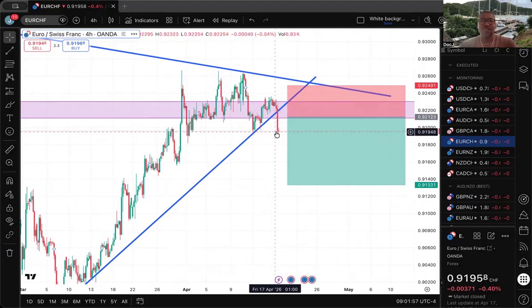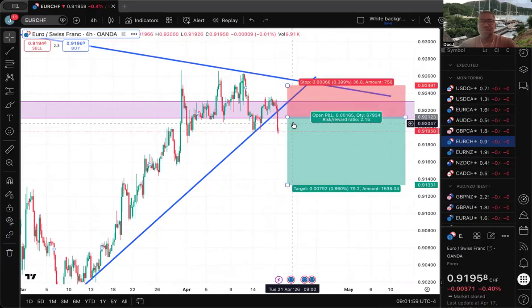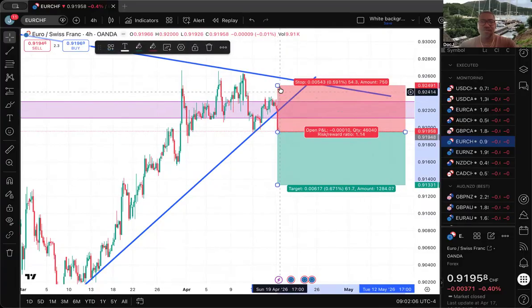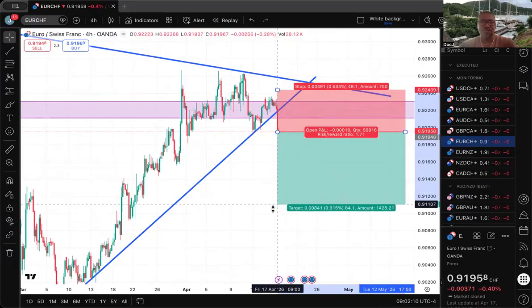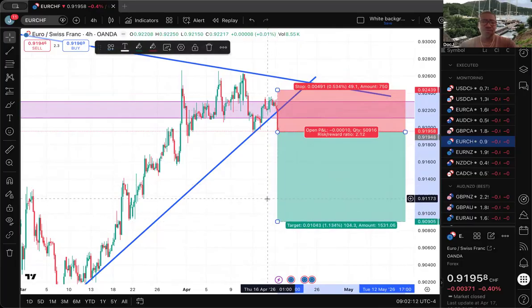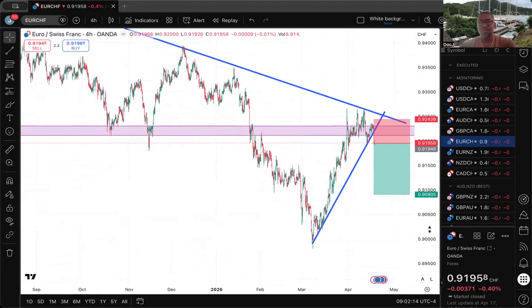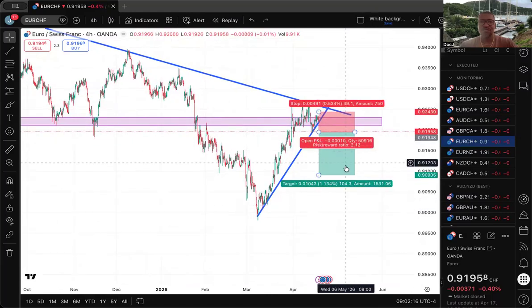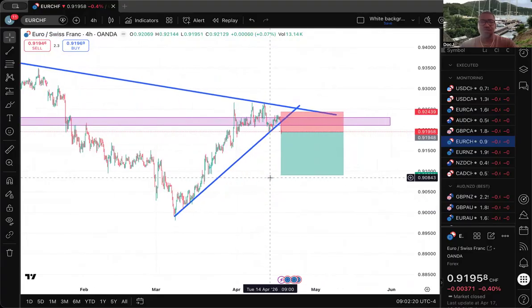Now you don't want to enter the trade here, because if you enter the trade here, your stop loss will have to be above that lower high. And so you're going to have to wait this entire duration for your price to get to your take profit if you do a 1 to 2 risk to reward.